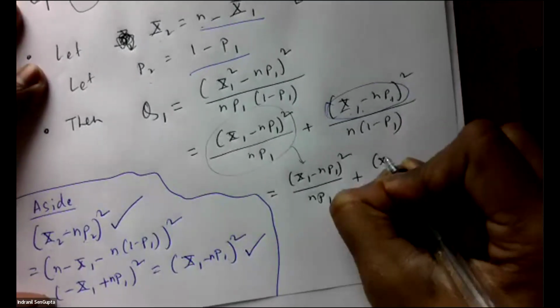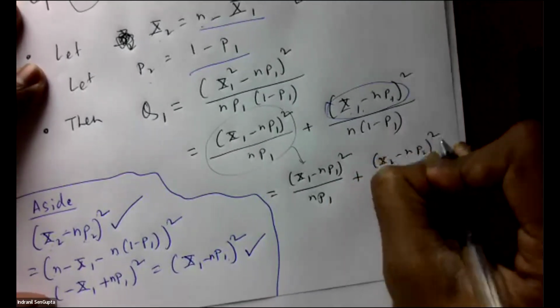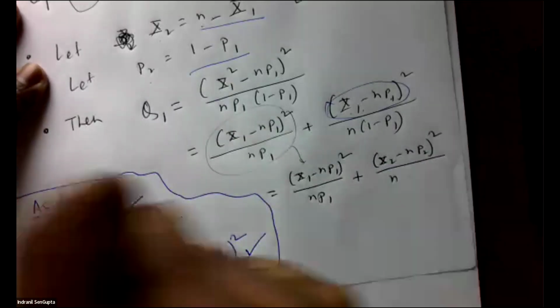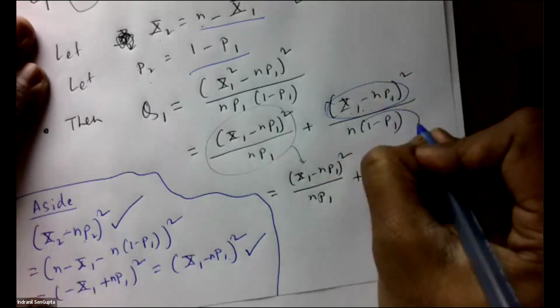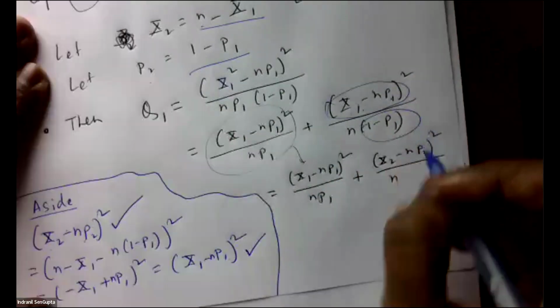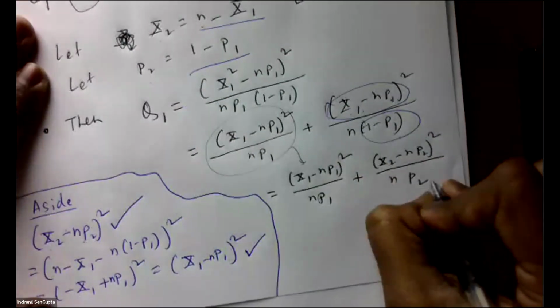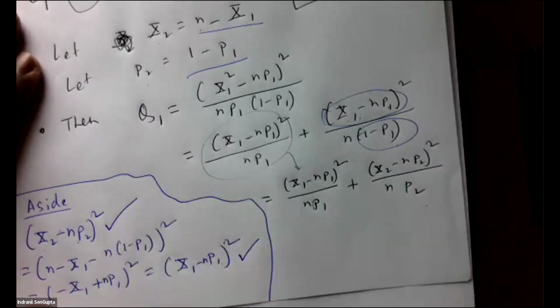Also, we have 1 minus p1, which is p2, right? So this is p2. So q1 can be written as this one.